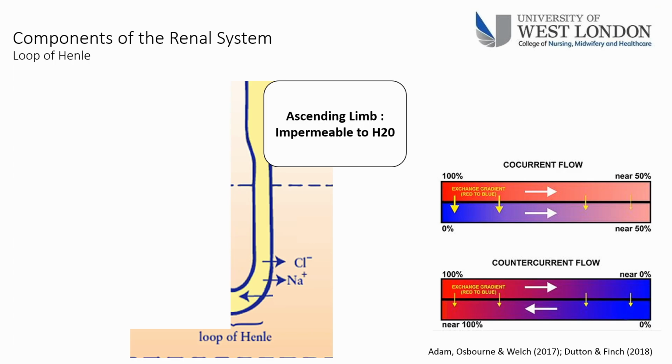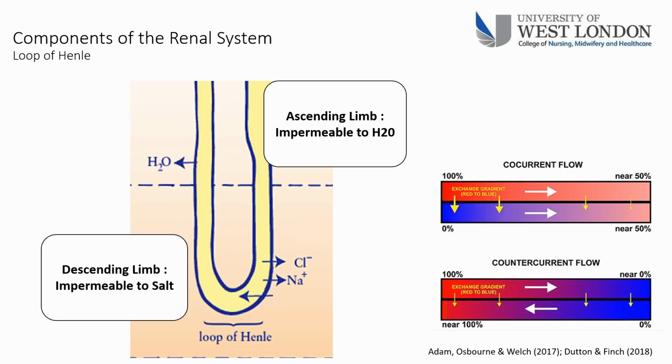This is why the other part of the loop of Henle, the descending limb, is very important, because it is thinner than the ascending limb and therefore is permeable to water but impermeable to salt. The reason it is impermeable to salt is because of the concentration of the blood as it goes past the descending limb. It already has the sodium ions and the chloride ions.